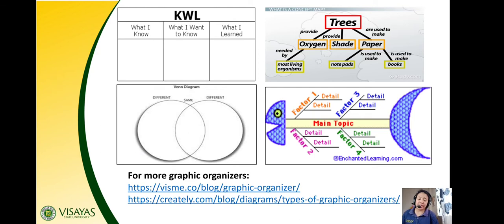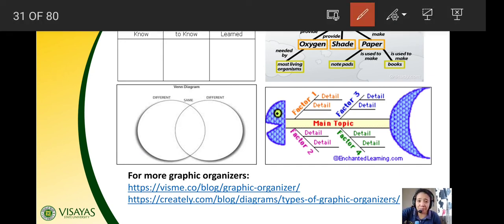So, yung nagbibigay sa atin ng cause and effect, that is the fishbone diagram. So, hindi naman talaga class, literal na may mukha siya ng fish dyan. So, it could be just a triangle lang. Yung importante natin rito is makuha natin yung factor or yung reasons na existence ng main topic.